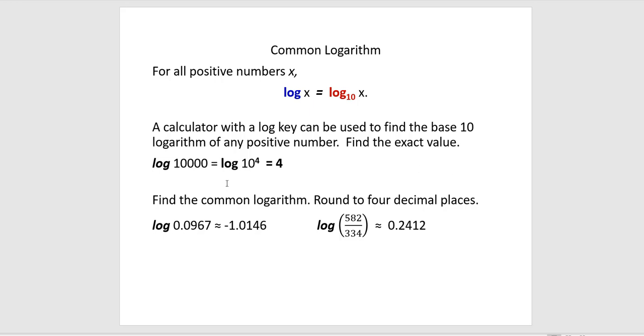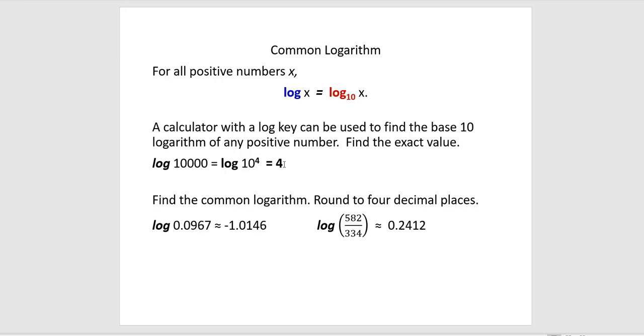On our first example, there's a log without any base number next to it. This is a logarithm of base 10. To evaluate it by hand, we first need to change the 10,000 to 10 to the fourth power. Now, since the log is base 10 and the exponent is base 10, they cancel each other out.